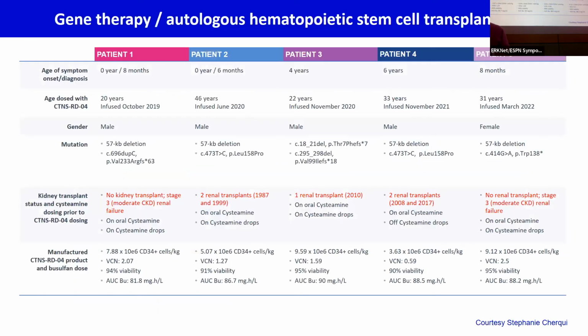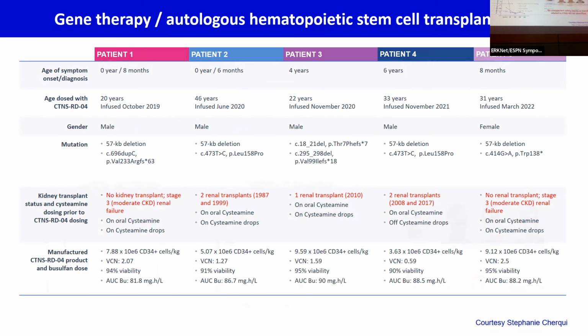So the FDA has approved an initial phase 1-2 trial enrolling 5 patients, and these 5 patients have been transplanted over the past 2 years. In fact, 3 patients had a kidney transplant, and the other 2 patients had advanced CKD.